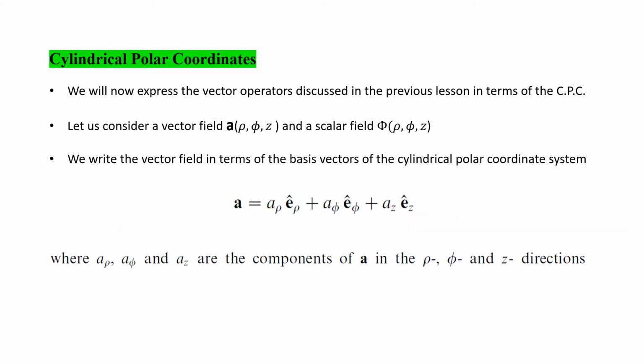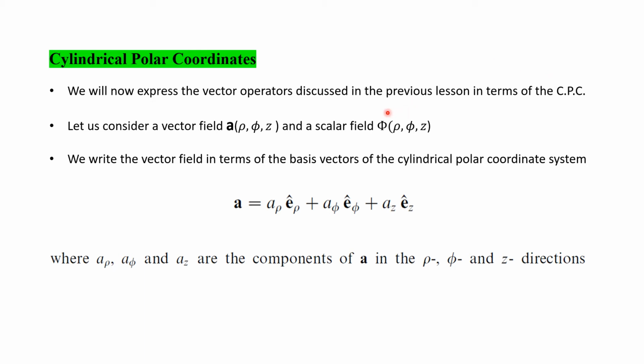We will now express the vector operators discussed in the previous lesson in terms of the cylindrical polar coordinates, or your CPC. So when we say CPC here, we refer to your cylindrical polar coordinates, just a shorthand. Let us consider a vector field A of rho, phi, z and a scalar field capital Phi of rho, phi, z.